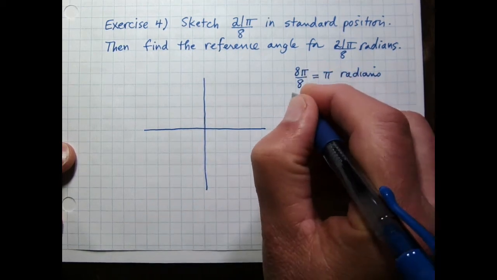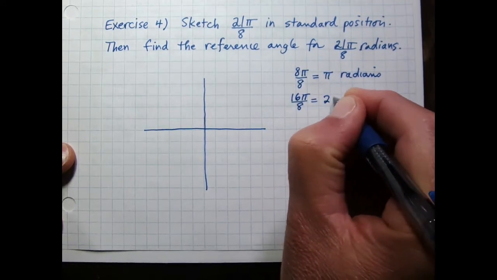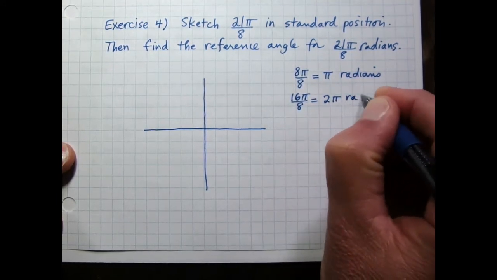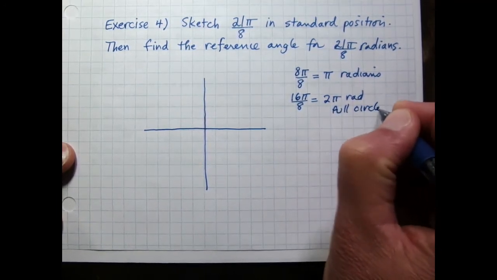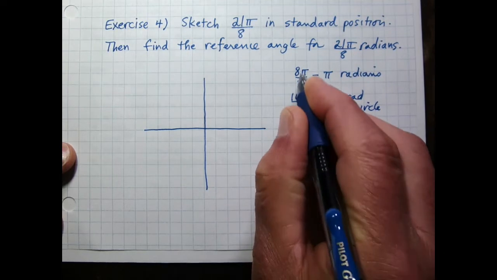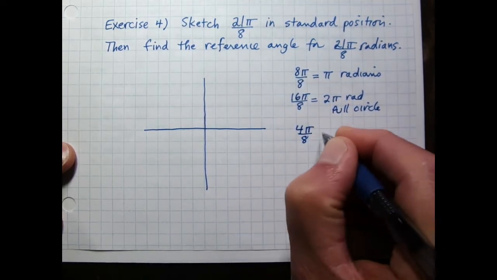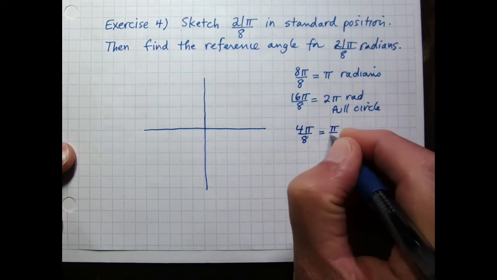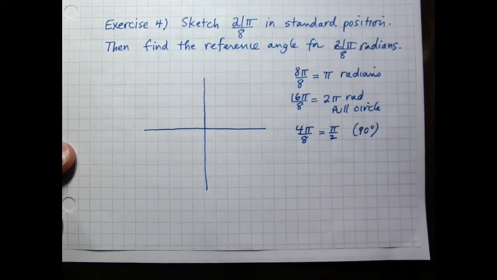If I double that, 16 pi over 8, that's equal to 2 pi radians. That's full circle. And if I cut 8 in half, 4 pi over 8, that's the same as pi over 2, just 90 degrees, right?